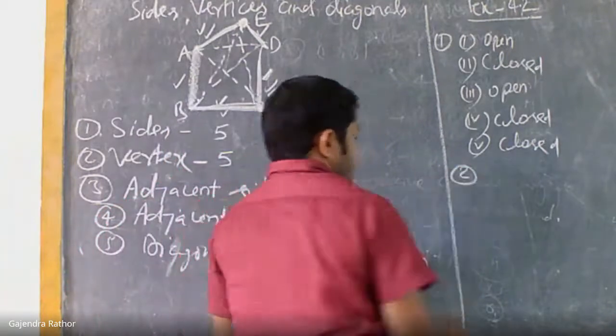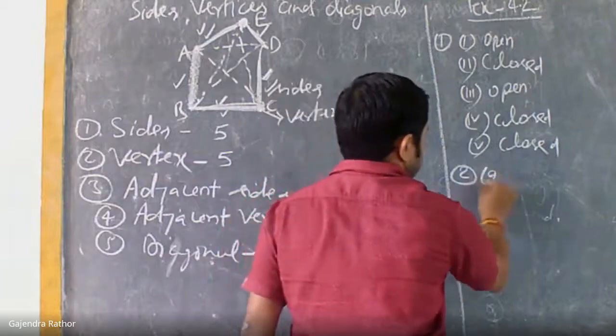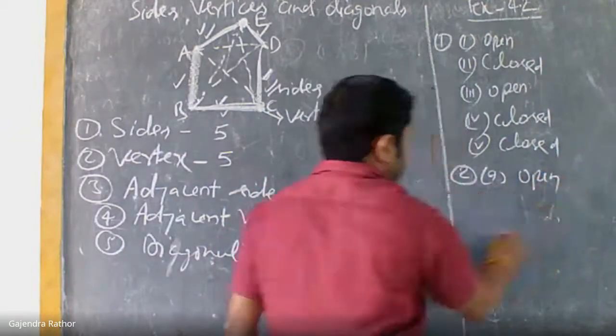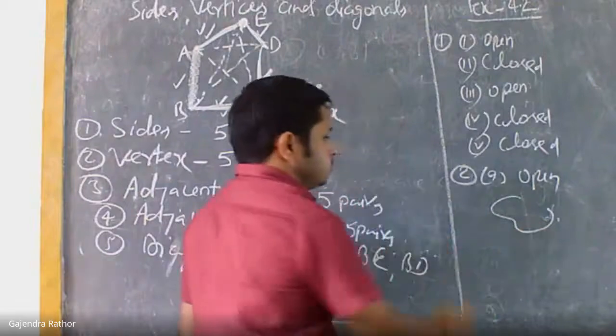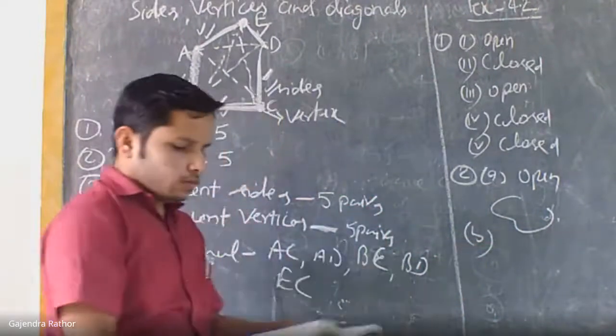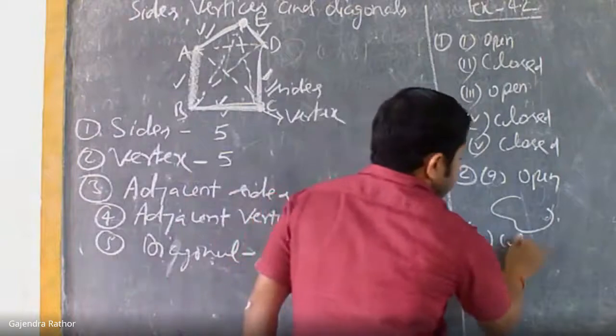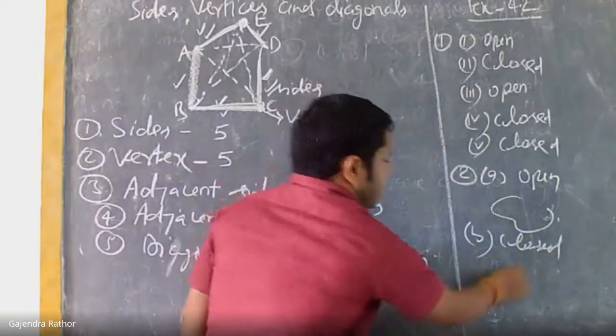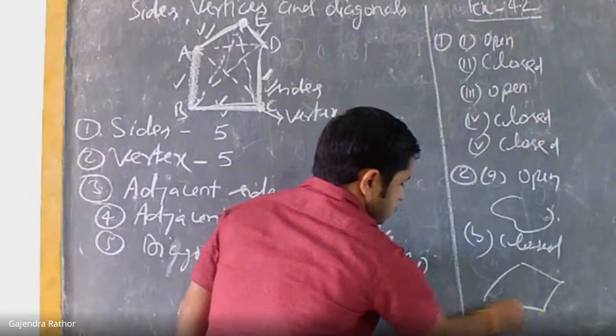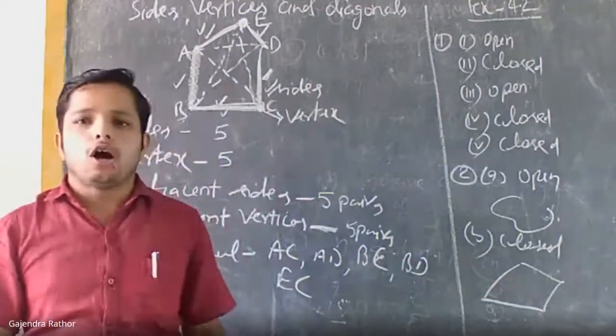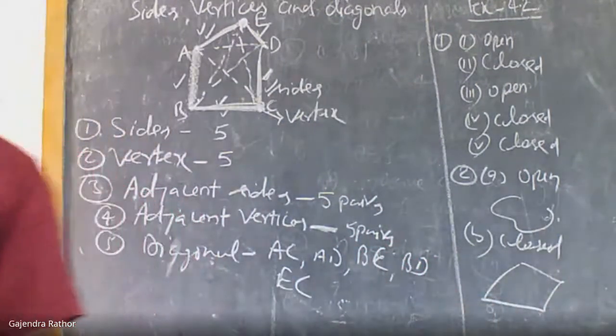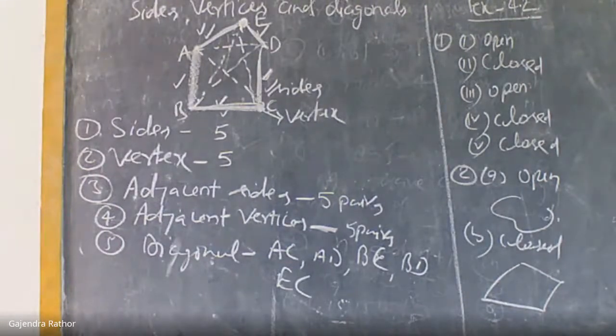Question number 2, first point is open. Open we can draw like this. Next, B, closed. Closed we can draw like this. This is your example of a closed curve. You can also draw some different examples, not only one, you can draw more than one, like 2 or 3.